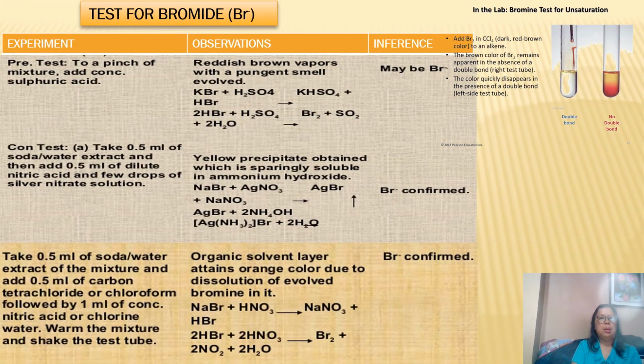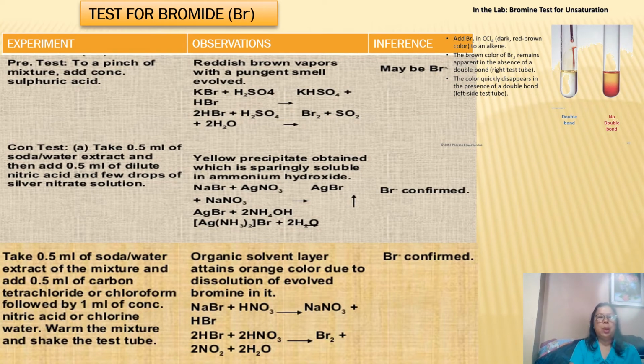Test for bromine, another halide. Upon the addition of sulfuric acid, a reddish brown vapor will be produced. Actually, in the laboratory, we no longer allow you to perform this kind of test because bromine is considered a hazardous substance, and hazardous substances for student laboratory activities are now prohibited.